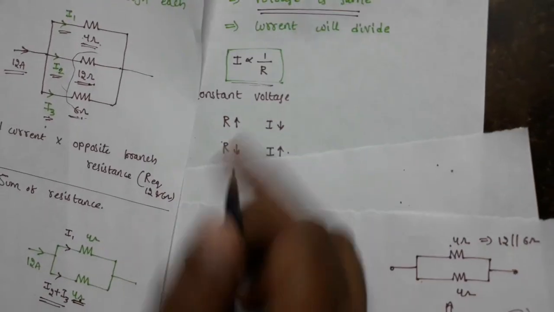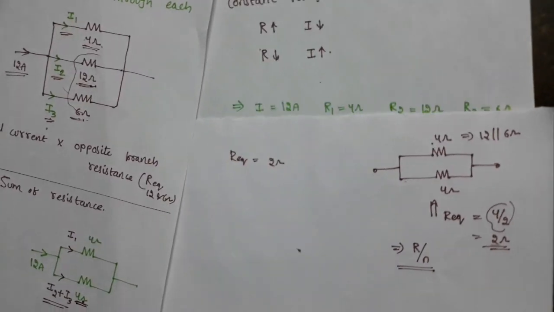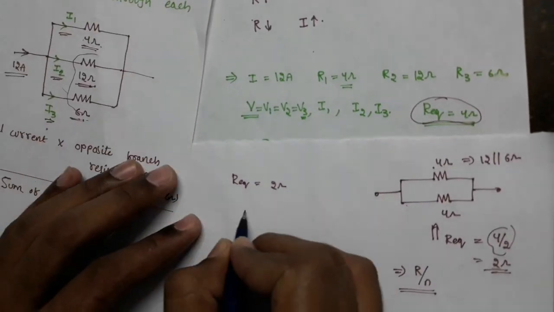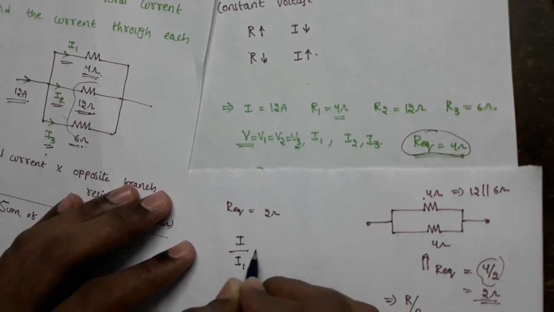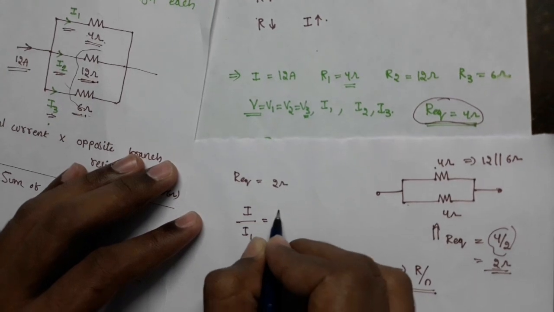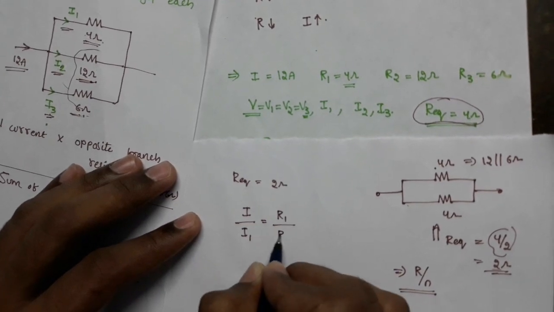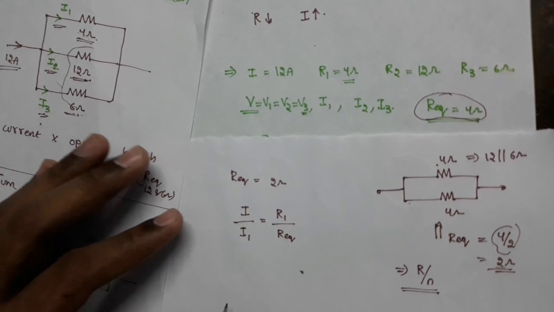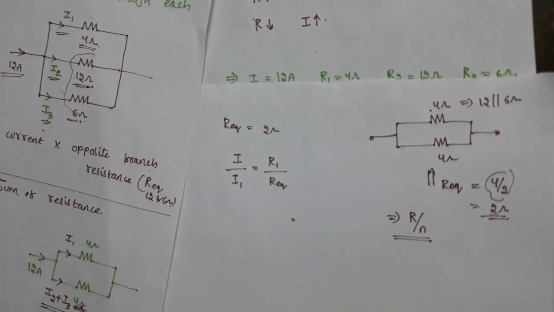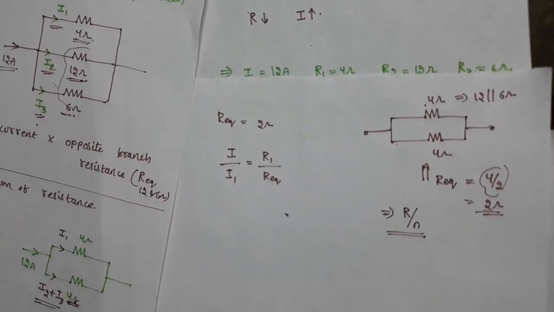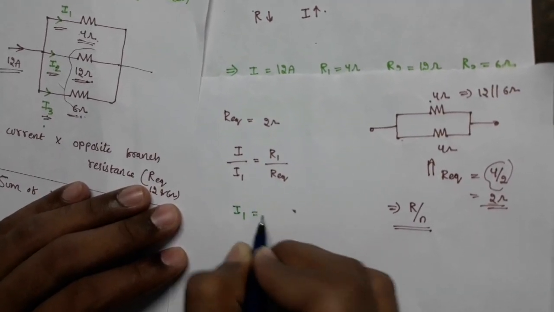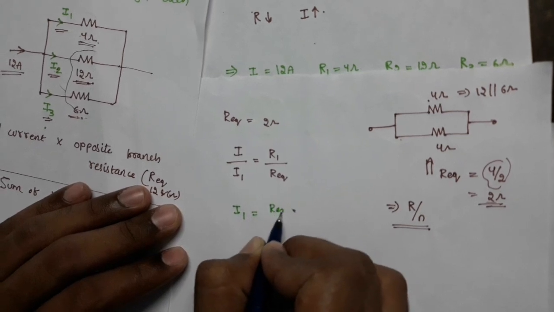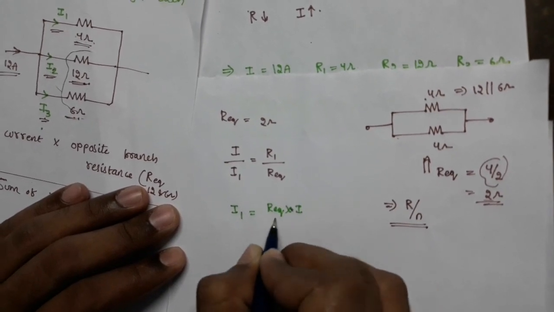Now I am using this relation for solving this problem. Total current I divided by I1 is equivalent to R1 divided by R equivalent, by using the relation I is inversely proportional to R. From this, I1 equal to R equivalent into I divided by R1.